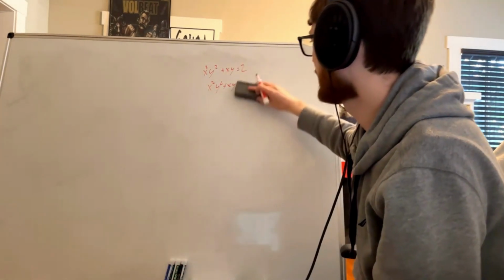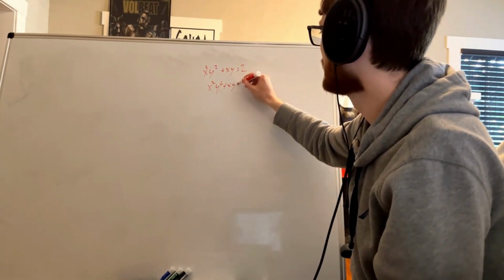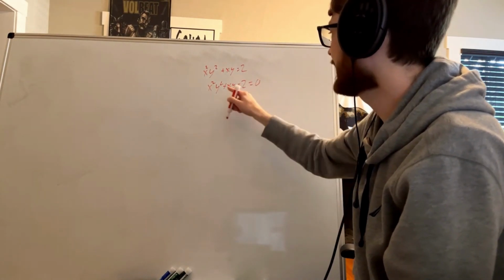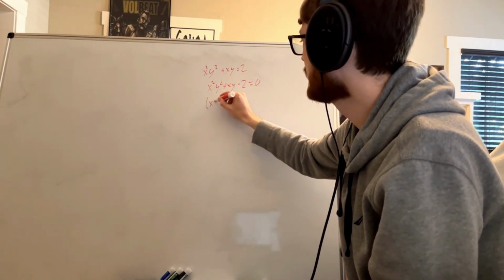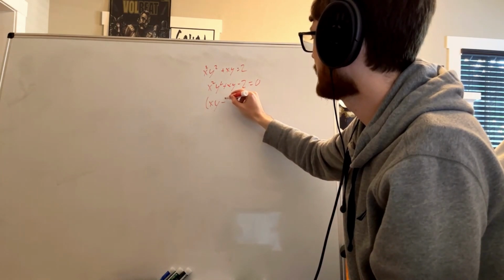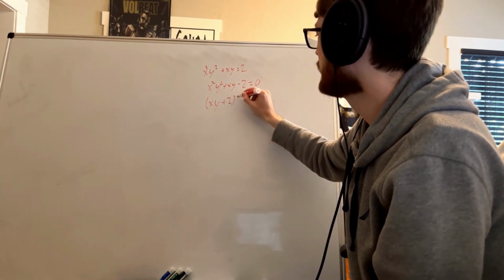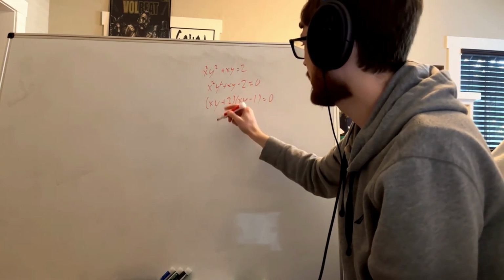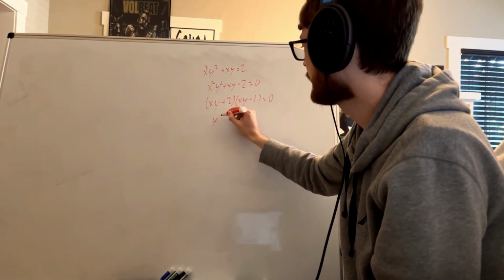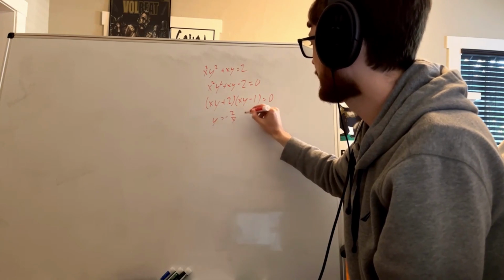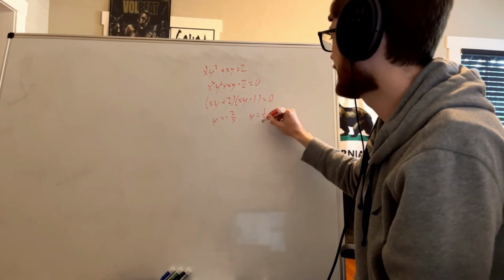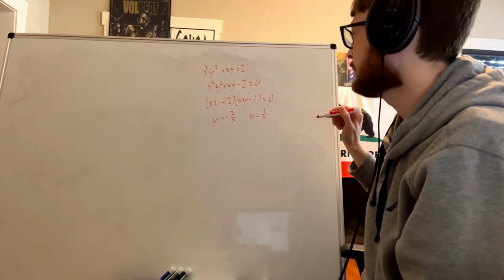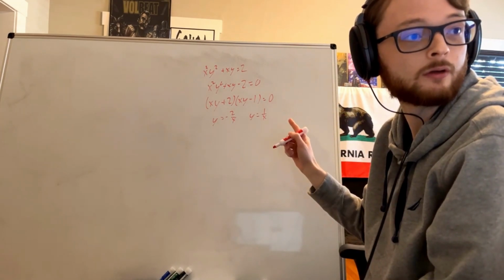Bring the 2 to the other side, and now we factor that like it's a normal quadratic: xy plus 2, xy minus 1. So that means we get 2 possible solutions, which is y equals minus 2 over x, or y equals 1 over x. And what we did is we made that substitution.